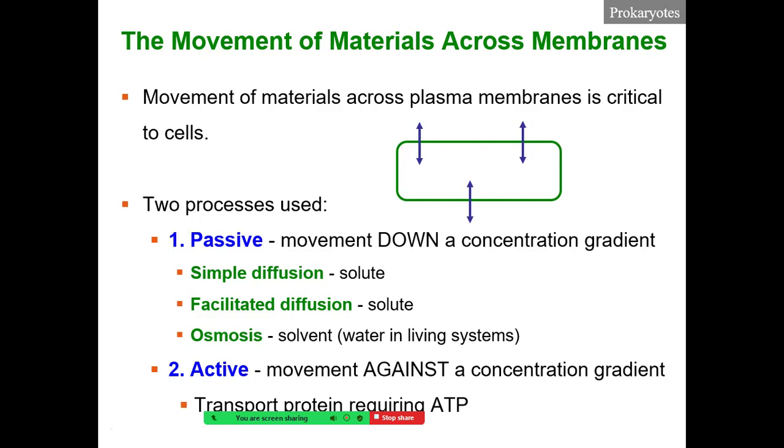There's also osmosis, where water moves across the membrane. Water is a solvent. It is not a solute. And osmosis always involves at least a semi-permeable membrane. Osmosis in cells occurs across the cell membrane.